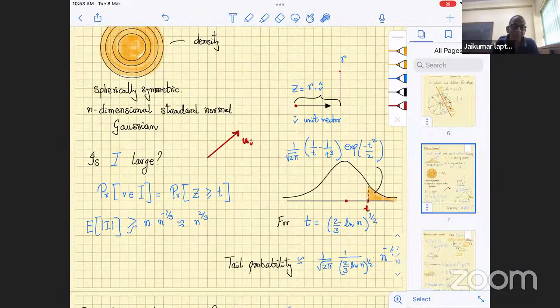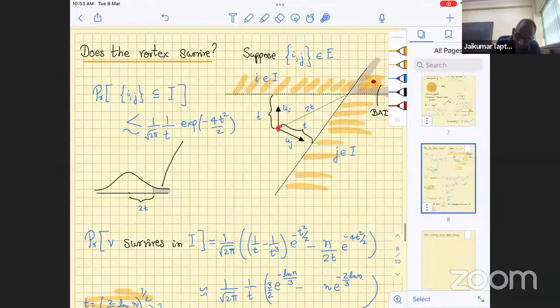Being 2t away was good for us. The point is, the normal distribution falls very steeply. So the probability that you're 2t away from the origin is very small. Now we will use the upper bound for the tail probability, this probability of being 2t away.